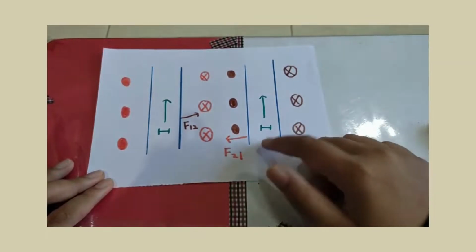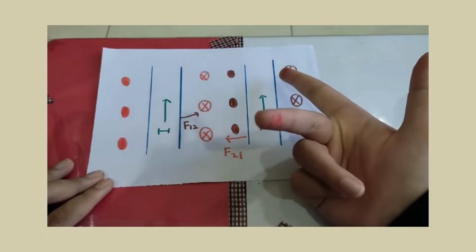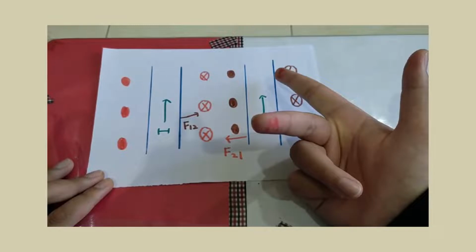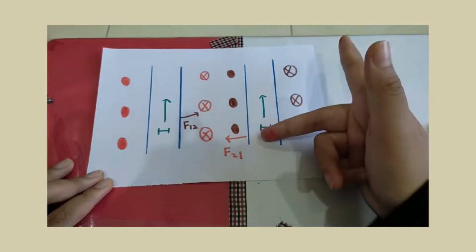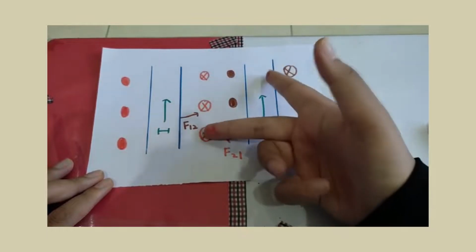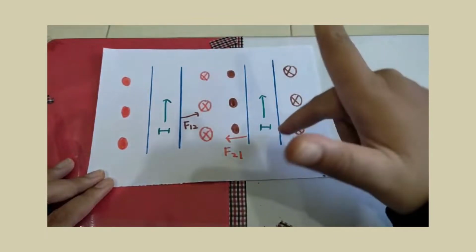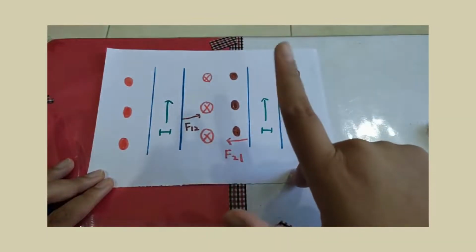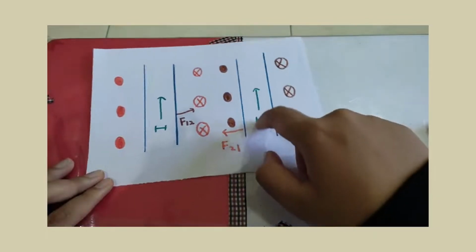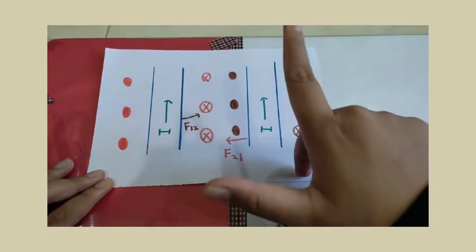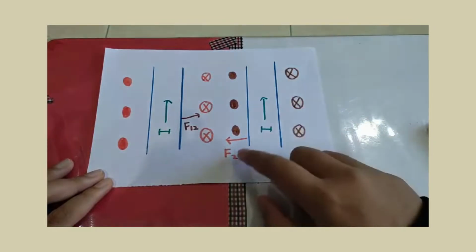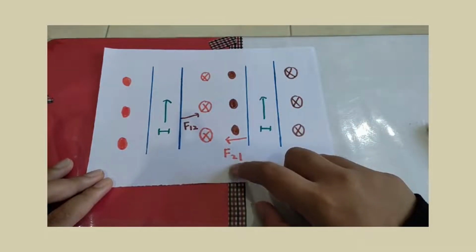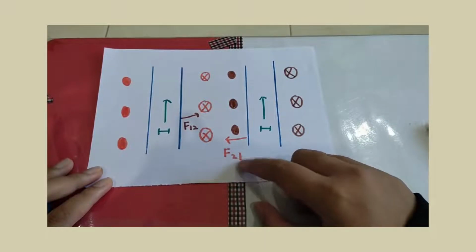So the magnetic field experienced by 2 excited by 1 is going into the page, the current is going upward, and the force is going inward. That's why we say that the force experienced by 2 excited by 1 is going inward.